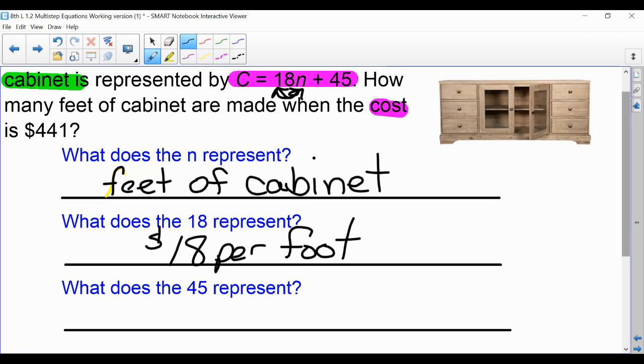If you're starting a business, you have to put an initial amount of money out for the equipment. And then every item that you make costs money for those materials to make it. So it's some kind of cost that does not change. You could pick anything as long as it was something that was paid in the beginning, doesn't change. I kind of like the idea of a deposit. So that's what I'm going to go with for this problem. Deposit, and it doesn't change.